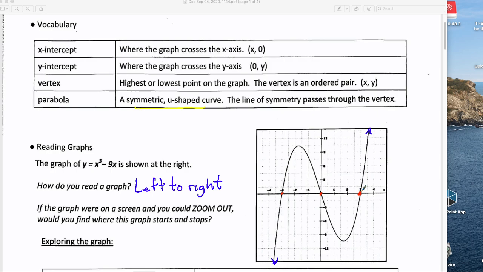The first one is -3, 0. The one in the middle is the origin, so it is 0, 0. And the one over here on the side is 3, 0. So x-intercepts all end with zeros, and they start with the x value where it crosses the x-axis.